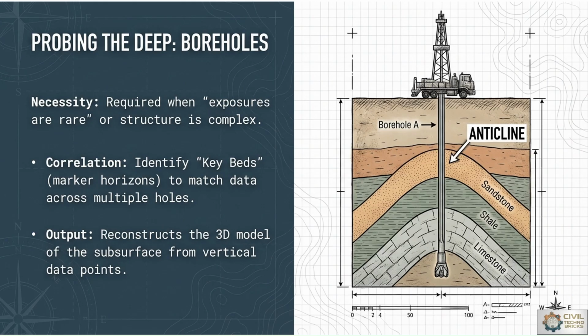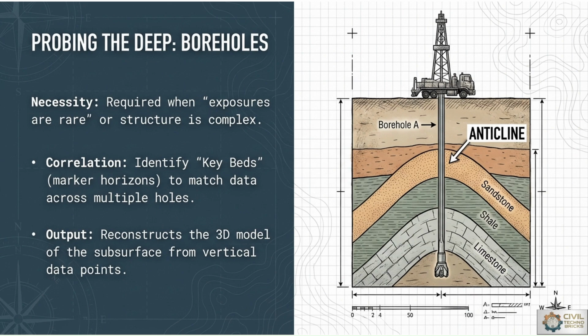Probing the deep, that is boreholes, means we are using drilling or boring methods with artificial equipment, that is borehole A, where the borehole goes exactly downward from the vehicle into the soil.